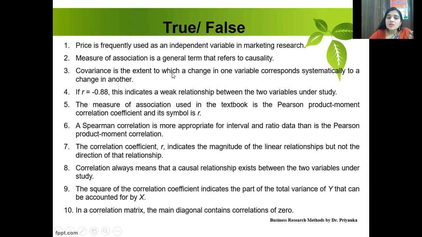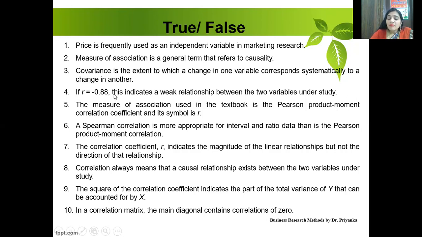Third, covariance is the extent to which a change in one variable corresponds systematically to a change in another. Is it? Yes, covariance is basically checked to measure the change in one variable that corresponds systematically to change in another one. Then fourth, if R is equal to minus 0.88, this indicates a weak relationship between the variables under study.